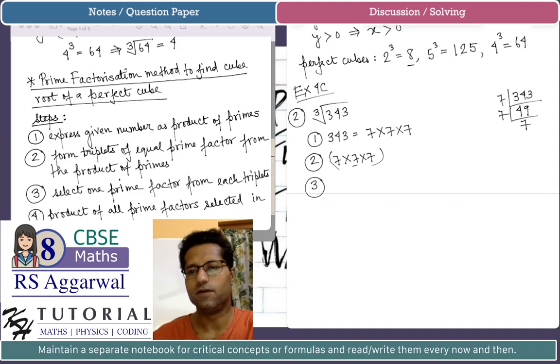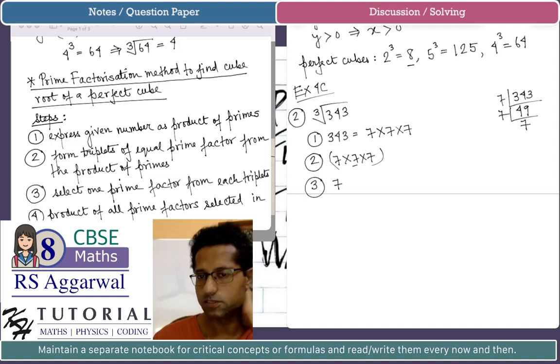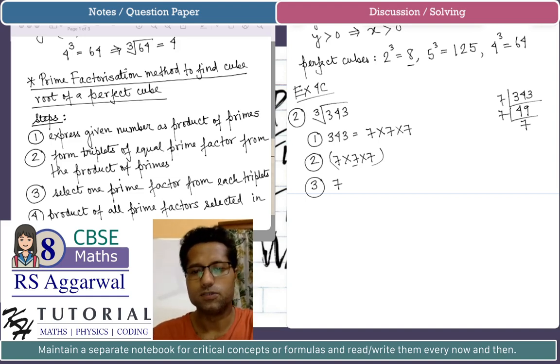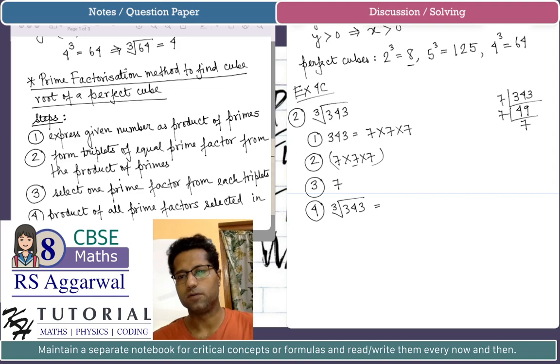Since there is only one triplet, we will have one factor, which is 7. In step 4, the product of all factors obtained in step 3 will be the cube root of 343.